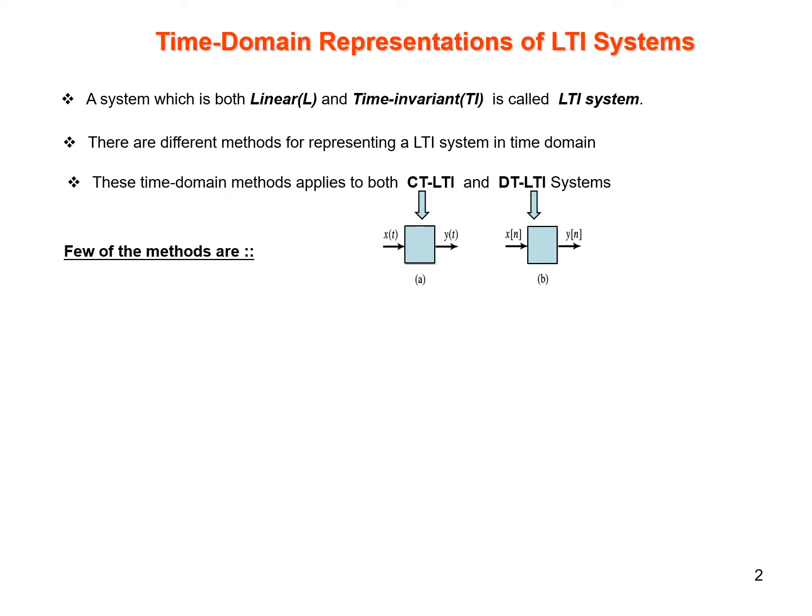Such systems are called discrete time systems, continuous time and discrete time. That is, the independent variable will be a function of time in both cases. Another possible way is to see a system in frequency domain, that we'll see in future presentations. But in the present presentation, we'll be focusing only on time domain representation of both CT and DT LTI systems.